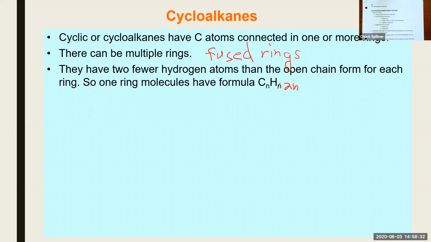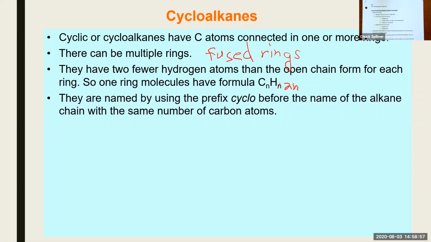CnH2n is the formula for cycloalkanes. Previously we had CnH2n+2. You take away those 2, and you form a ring. This also happens to be the generic formula for the class of hydrocarbons called alkenes. We'll get to those in a bit.